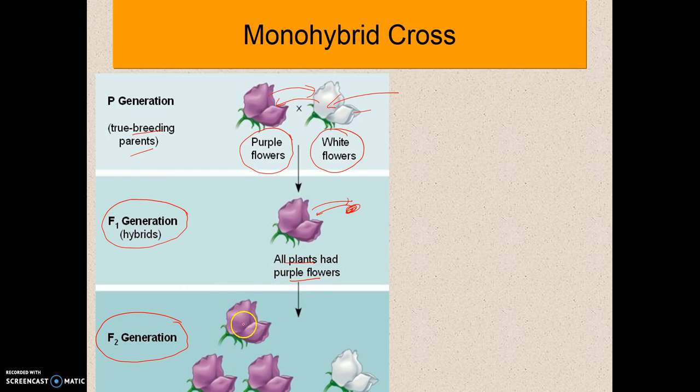And he saw purple flowers in a 3:1 ratio. For every 3 purple flowers there was 1 white flower.